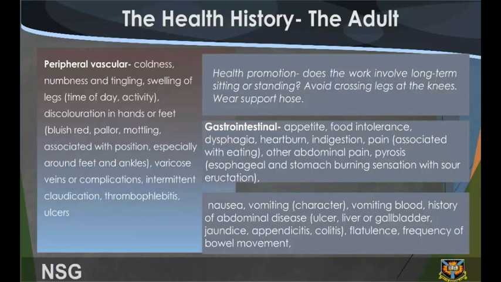Peripheral vascular: coldness, numbness and tingling, swelling of legs, time of day, activity, discoloration in hands or feet (bluish red, pallor, mottling), associated with position, especially around feet and ankles, varicose veins or complications, intermittent claudication, thrombophlebitis, ulcers.